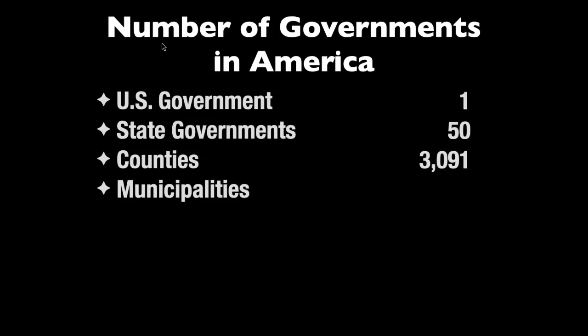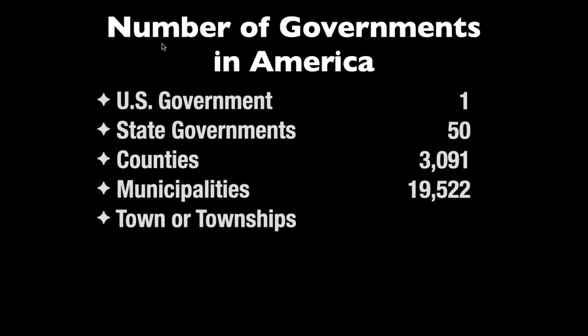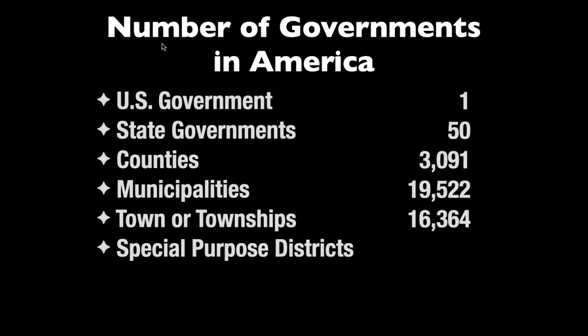Municipalities, so these are like city governments. There are 19,000. Towns or townships, so these are like smaller towns or like areas where you have a couple of different towns incorporated together. About 16,000. Special purpose districts are basically elected governments that deal with special things like soil and water conservation or airports or things like sewage treatment. There are 37,000 of those in the United States. It's really a lot.